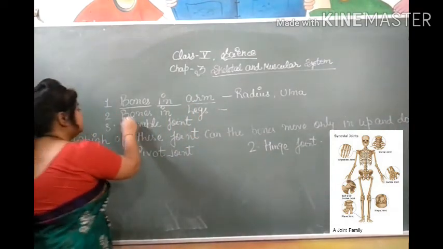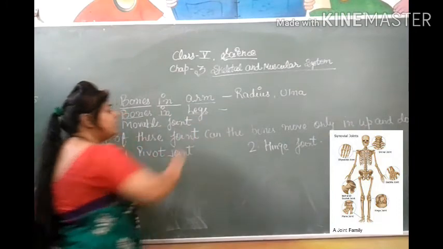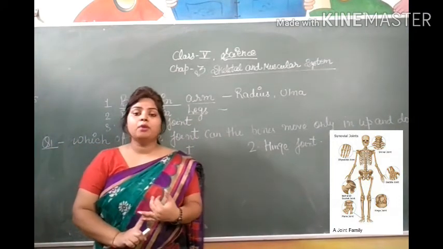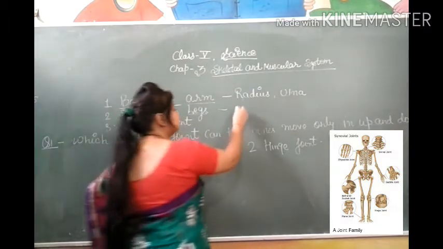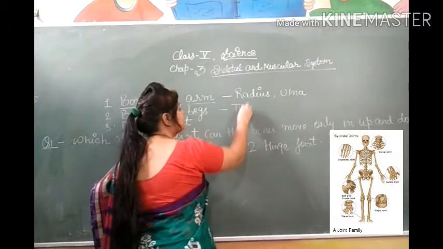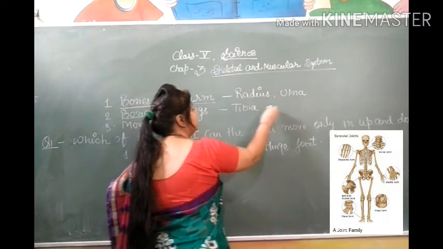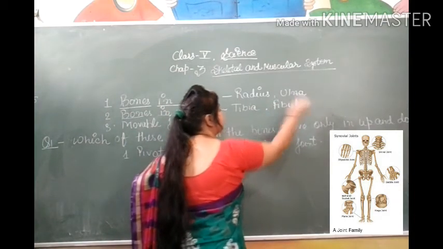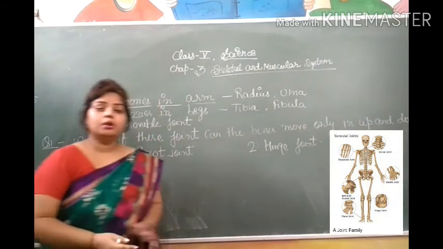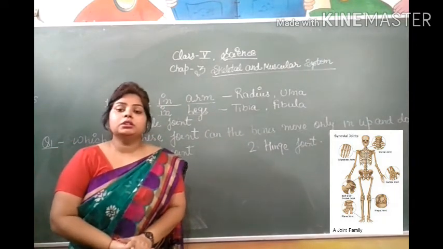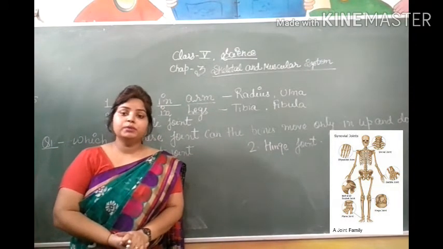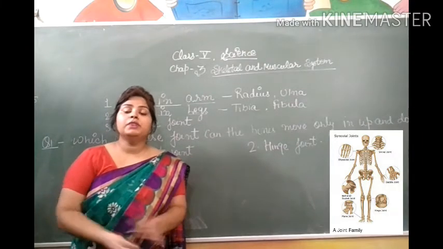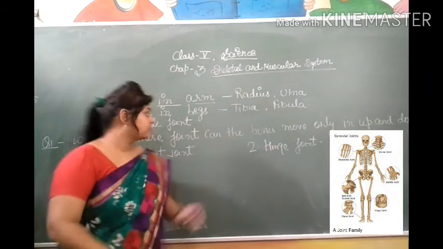Next question is bones in our legs. Our legs also have two types of bones. First is tibia and second one is fibula. But our leg also has a femur bone which is the largest bone and bears all the weight of our body.